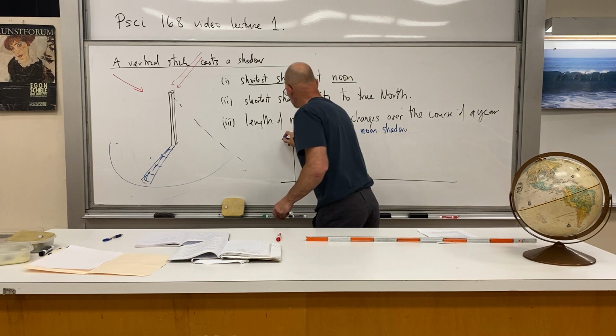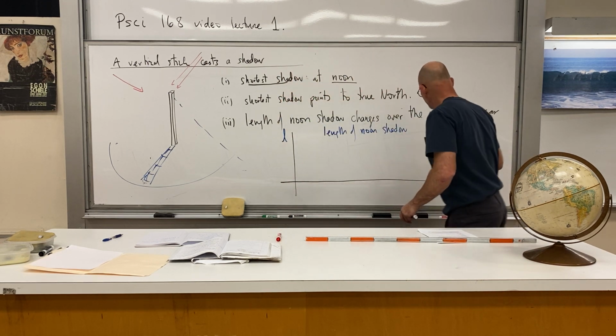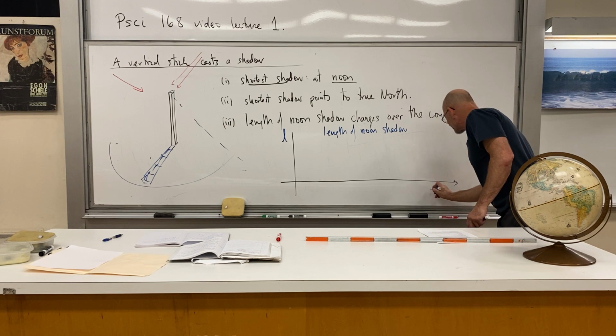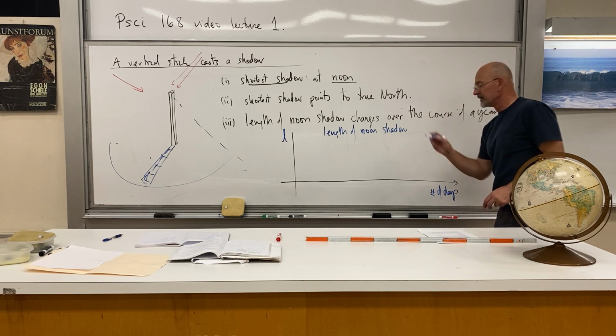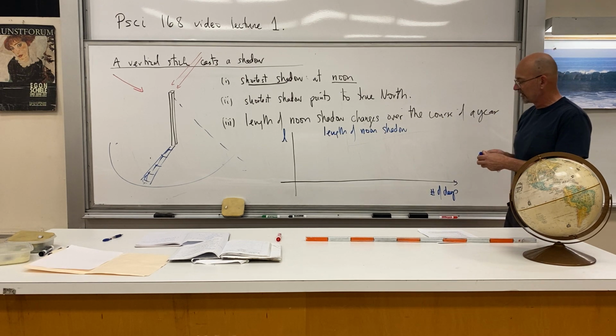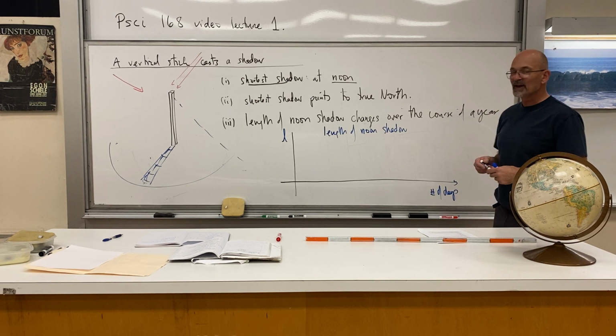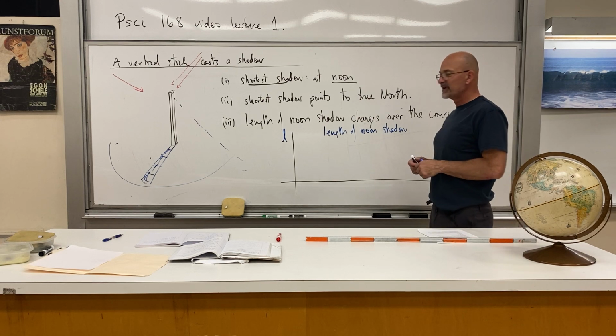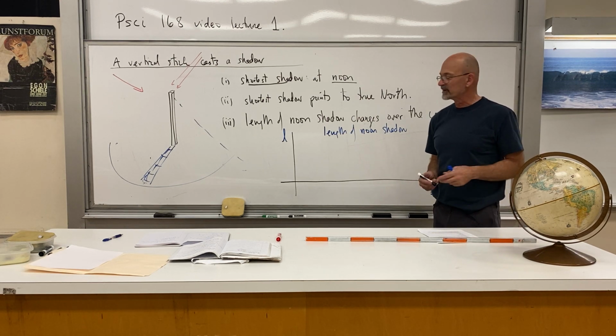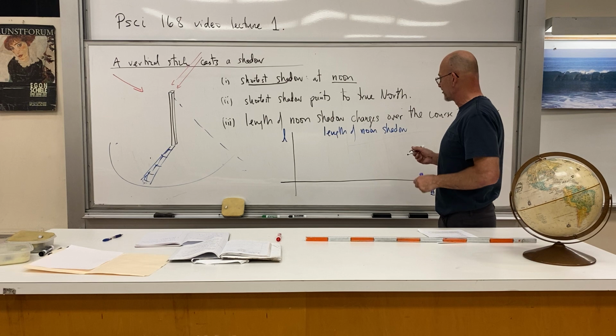And I can call that L. And then down here on this axis, we're just going to call this the number of days. And so we're making our measurement every day. Some days are cloudy, can't make the measurement, but when it's clear we can.